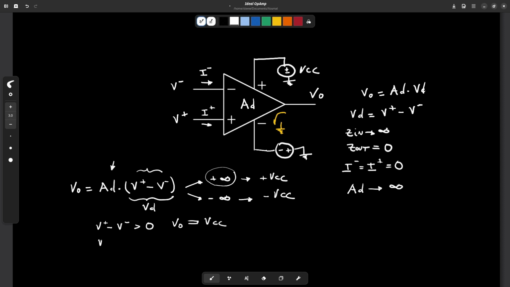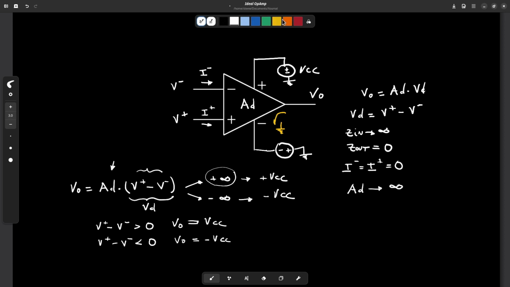And when V plus minus V minus is lower than 0, V0 will be equal to minus VCC. This means that if we use the amplifier like this, we can use it as a comparator.